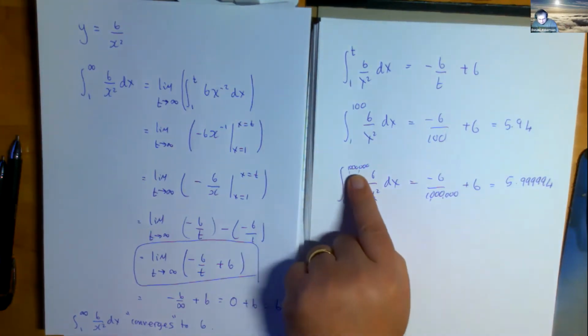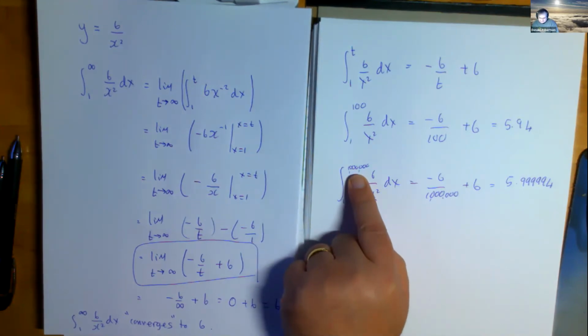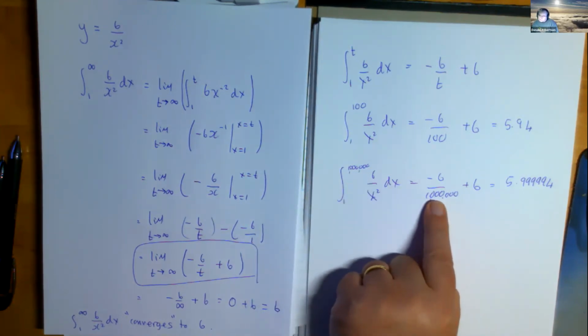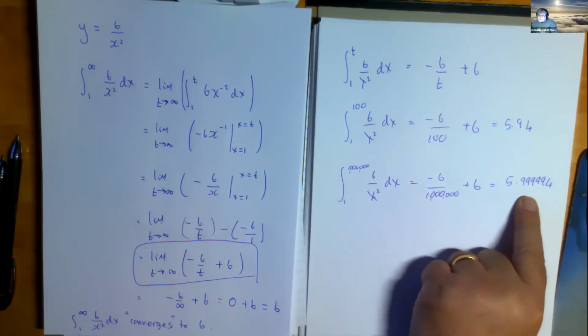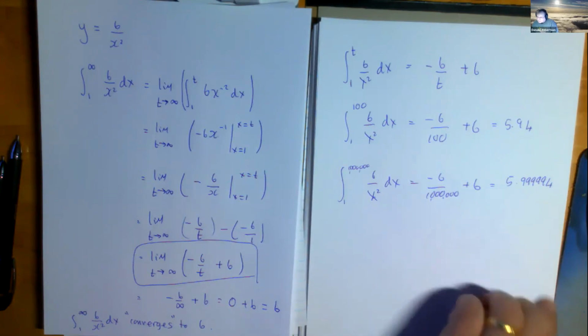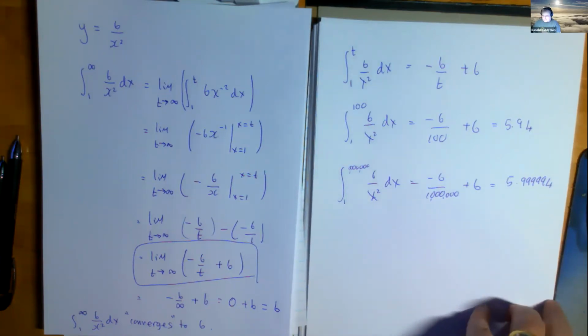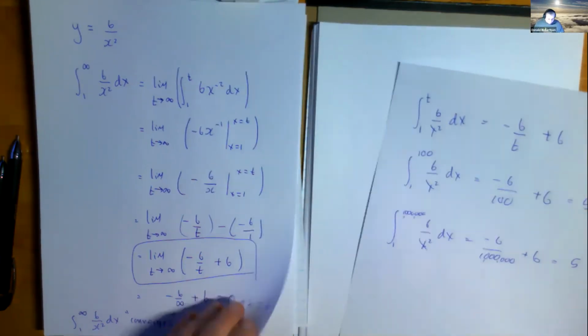Can you see what happens as this number gets bigger? Doesn't this piece basically disappear to 0? And doesn't the answer become, for all intents and purposes, 6? Does that convince you a little bit better than pictures? Do you see why it does actually work? It's not like, I don't believe you. It works.